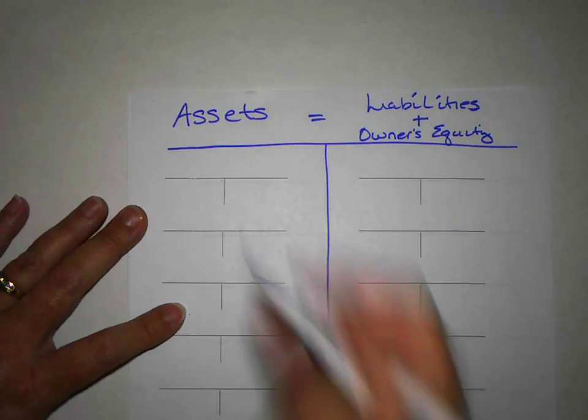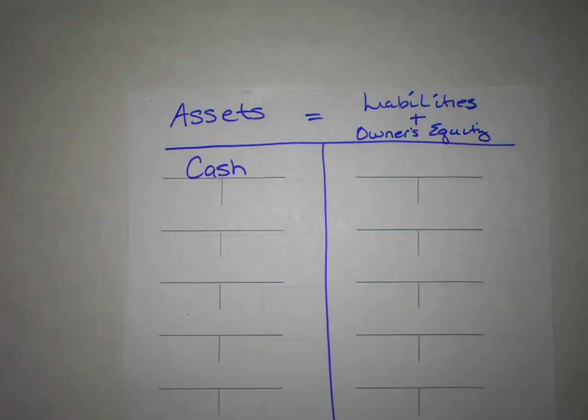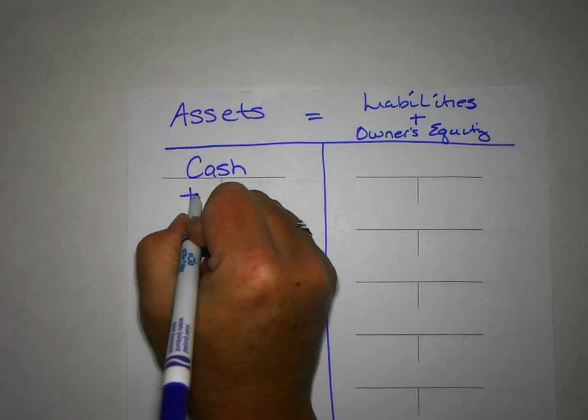Okay, so for cash, what is the normal balance for cash? Okay, that's a question I might ask a lot. What's the normal balance of that? Well, normal balance is the increasing side. Okay, so we know cash increases with a debit.